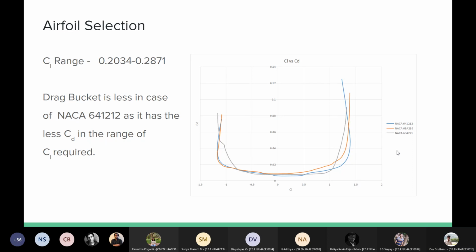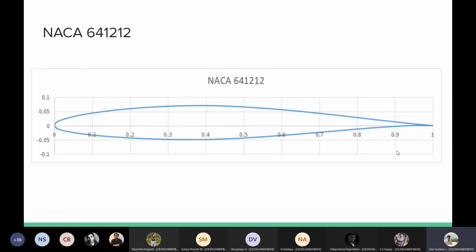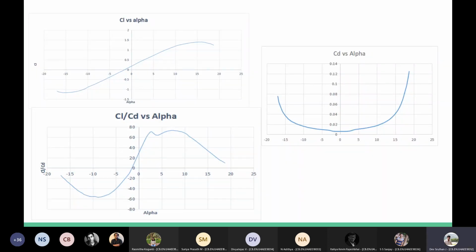So we chose NACA 641212, and this is our airfoil. And these are the CL versus alpha, CL by CD versus alpha, and CD versus alpha graphs for the airfoil.